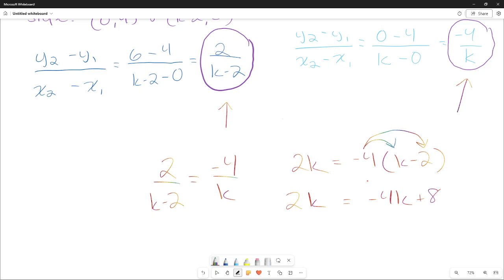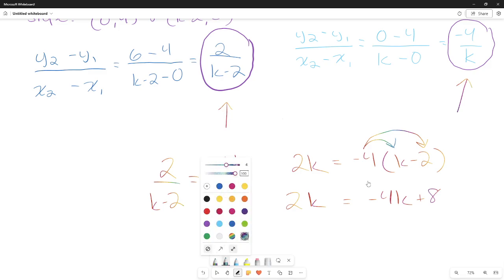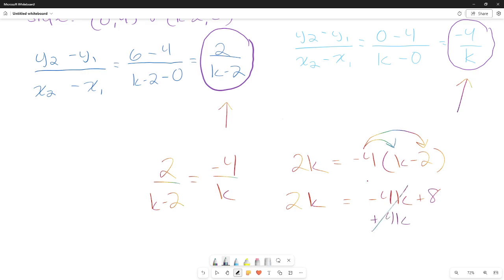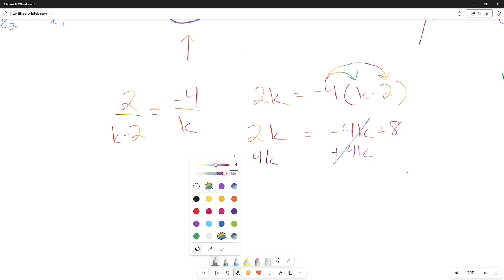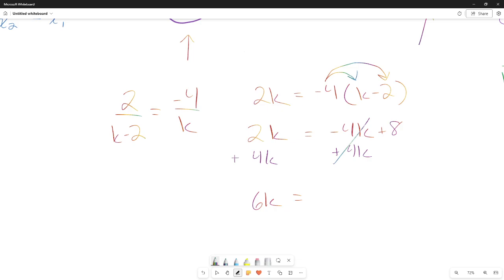Then we want to get all the k on one side and all the numbers on the other side. So I'm going to add 4k here so we can cancel this out. And then of course you have to do the same on the other side. So now we'll have 2k plus 4k, which is 6k, is equal to 8.